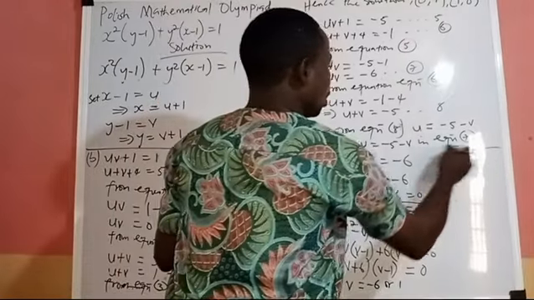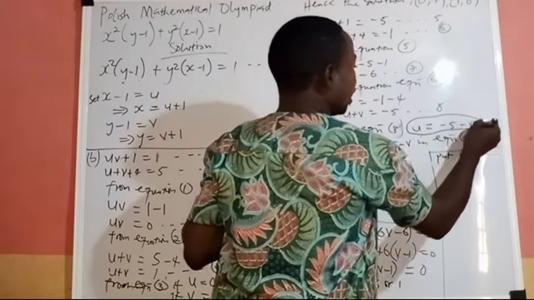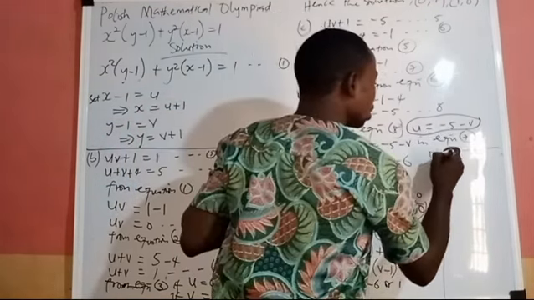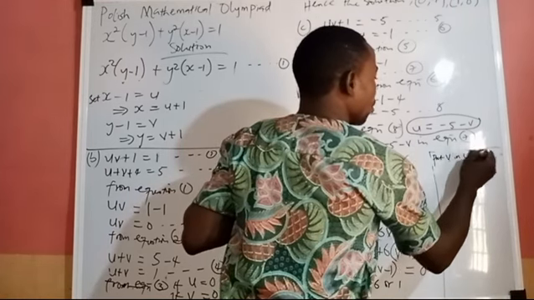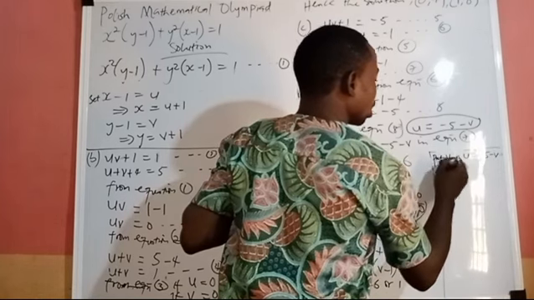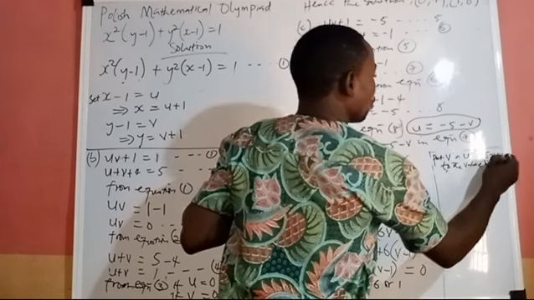So we can continue right here. We are going to be substituting the value of v in this equation for us to also get u. Put v in u equals minus 5 minus v to get the value of u.